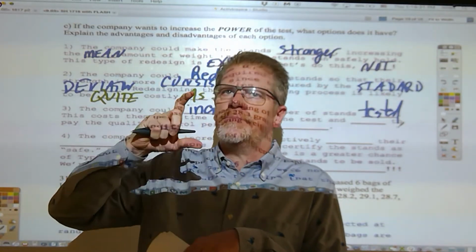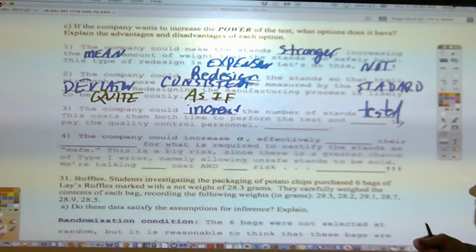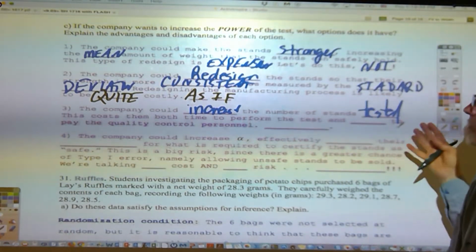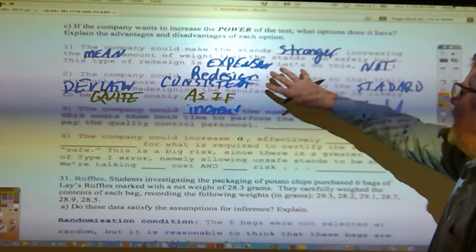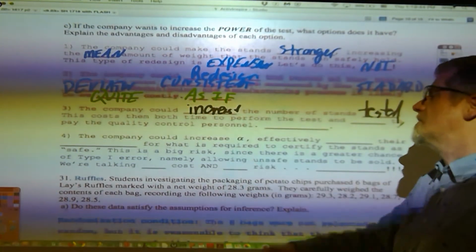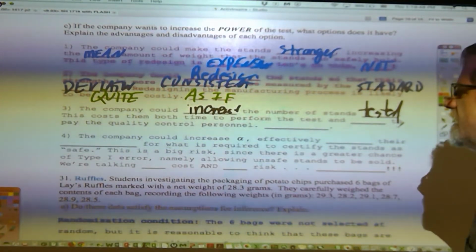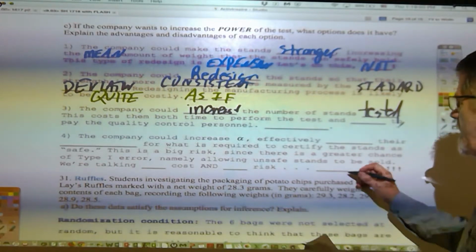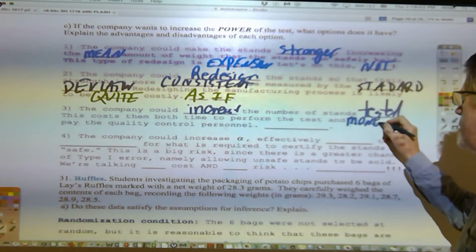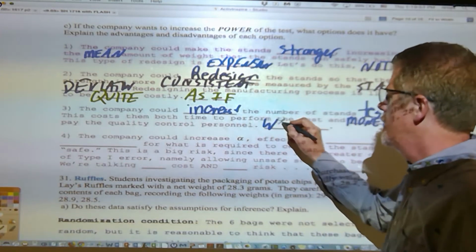With a bigger N, that would be a smaller standard error overall. That would have the same effect as redesigning them. But that costs more time and more money also. It costs both time to perform the test, and money to pay the quality control personnel.